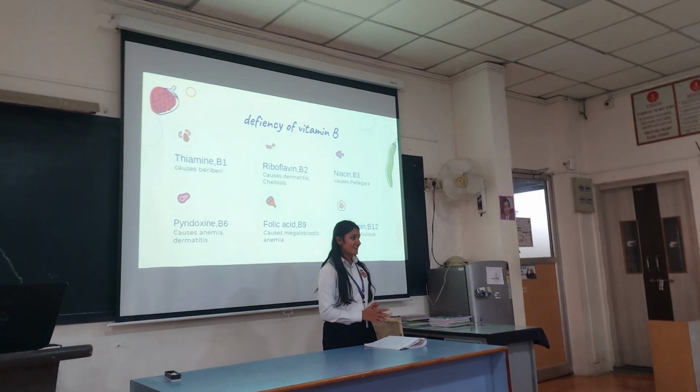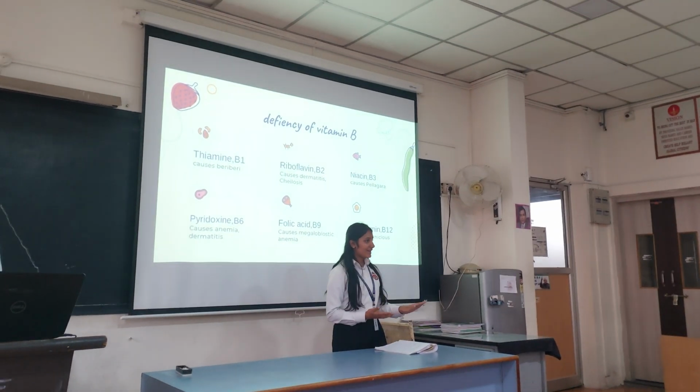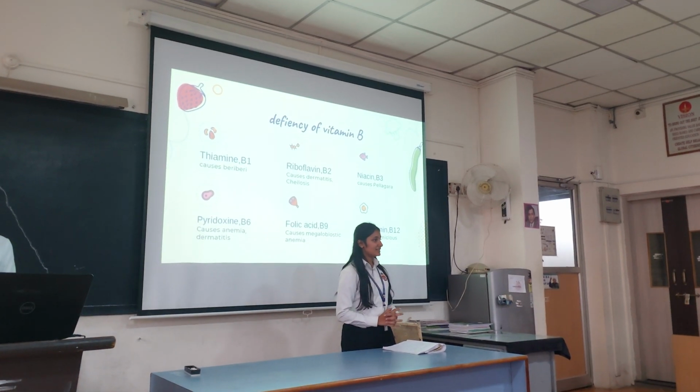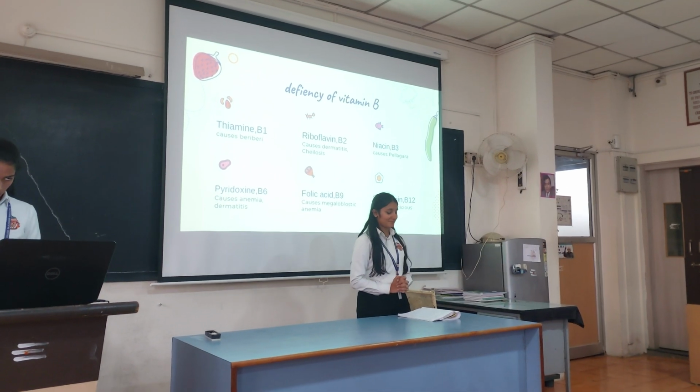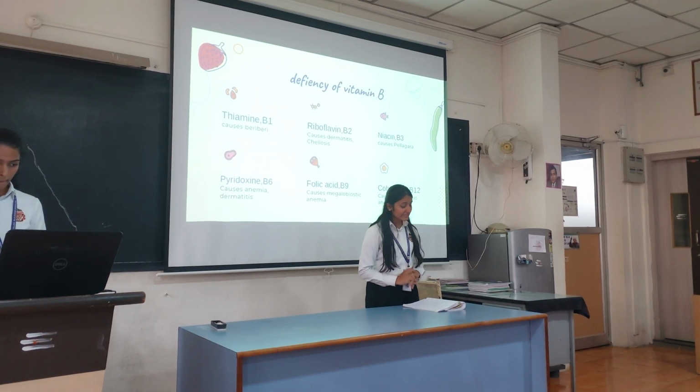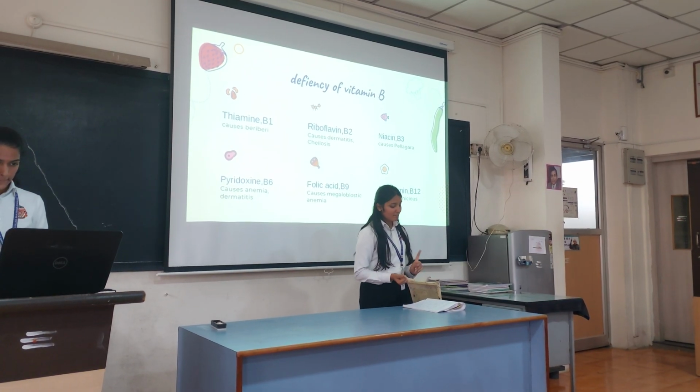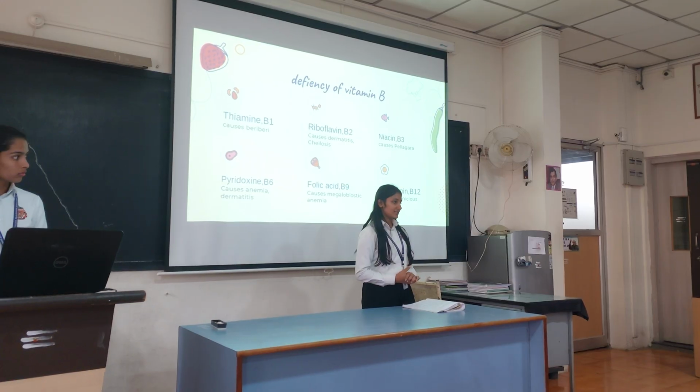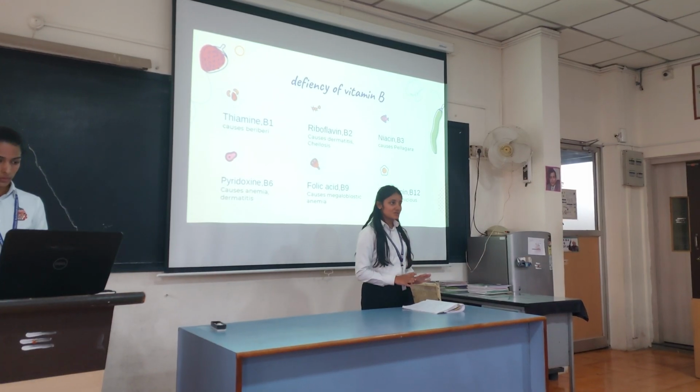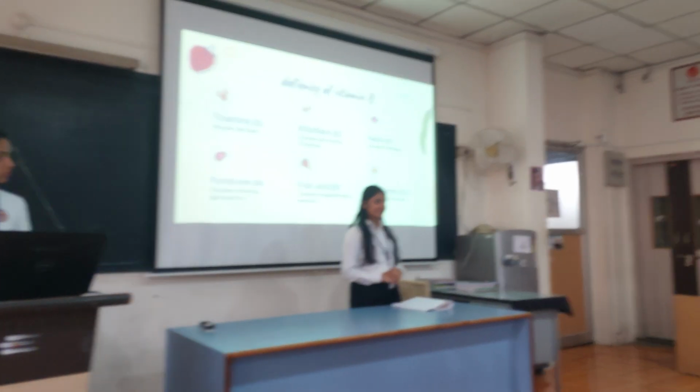Polished rice. I guess you all consume polished rice on a daily basis, right? Yeah. So it leads to nerve degeneration, muscle weakness, and numbness in limbs. So before consuming polished rice, think about it and eat.